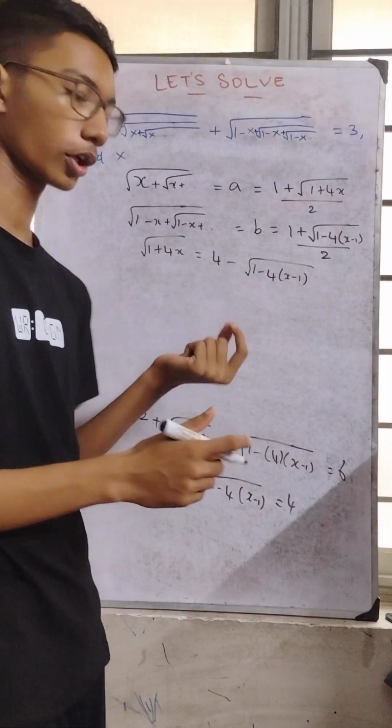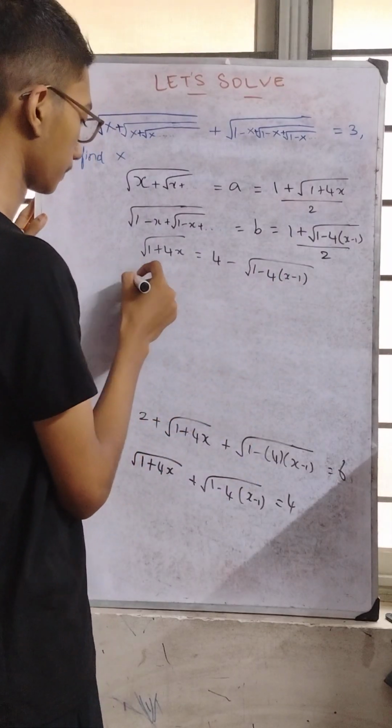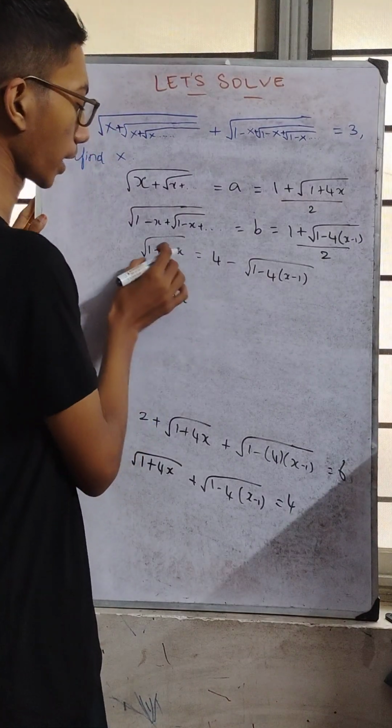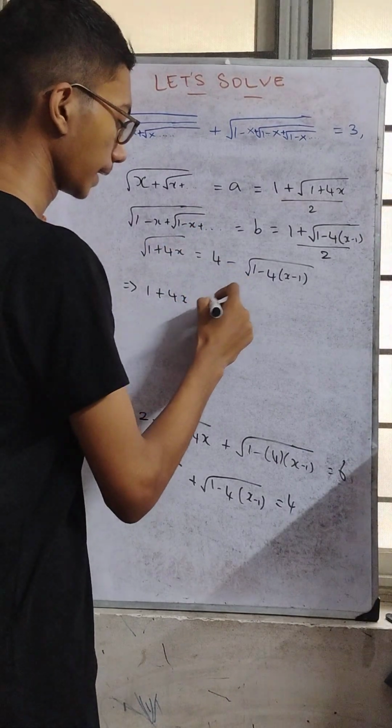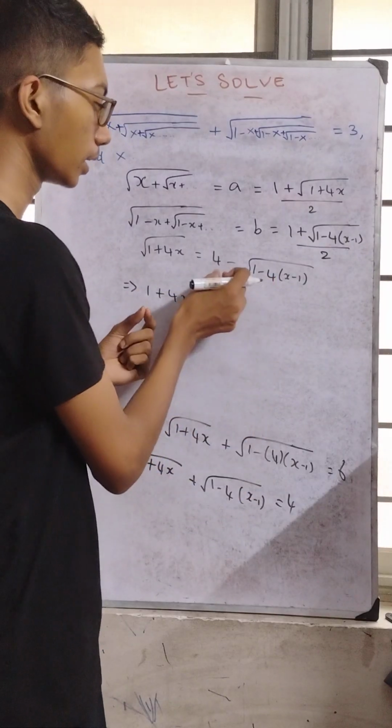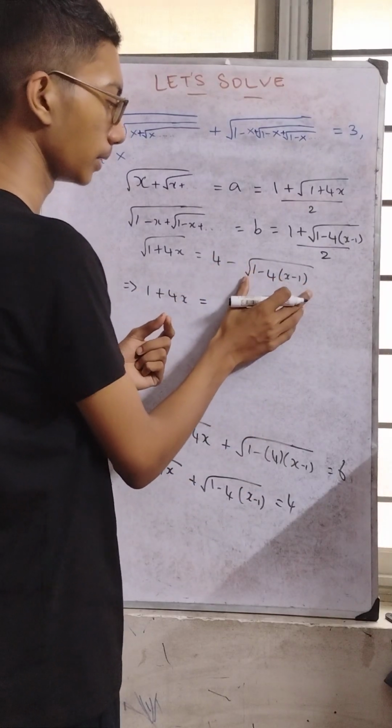Now we are squaring on both sides. So we will get 1 plus 4x. So the square root and the square get cancelled. Equals, we need to apply the a minus b the whole square formula here. So this is a and this is b.